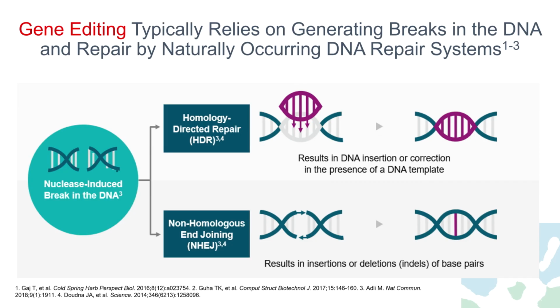The gene editing really depends on a mechanism in our body that is important every day. When we have any damage in our cells, the body corrects itself, and it corrects either by homology-directed repair or by non-homologous end joining. And this is important because the correction mechanism depends on it.